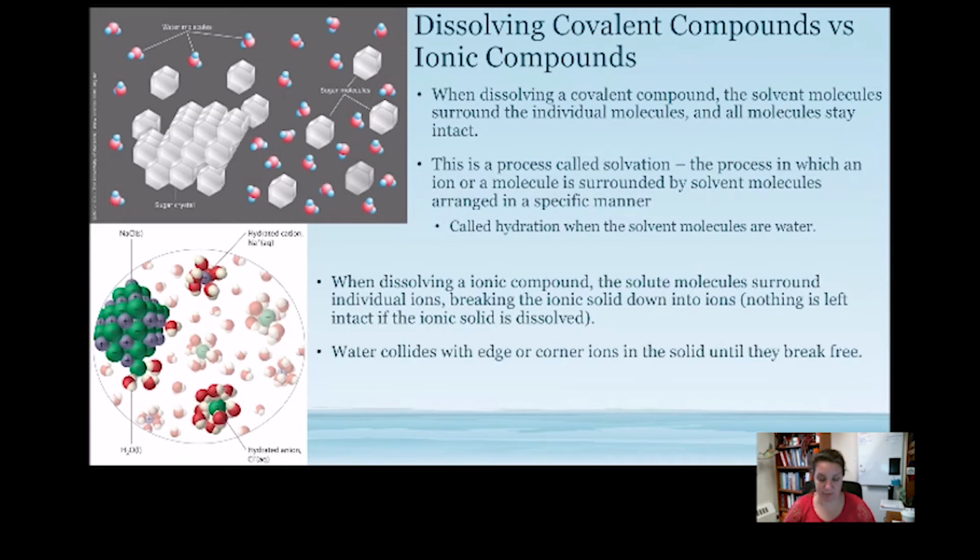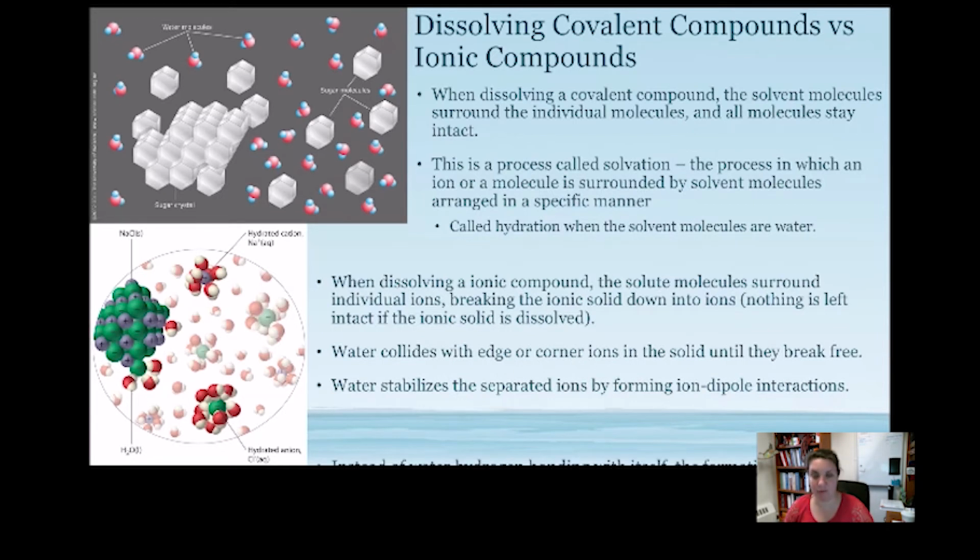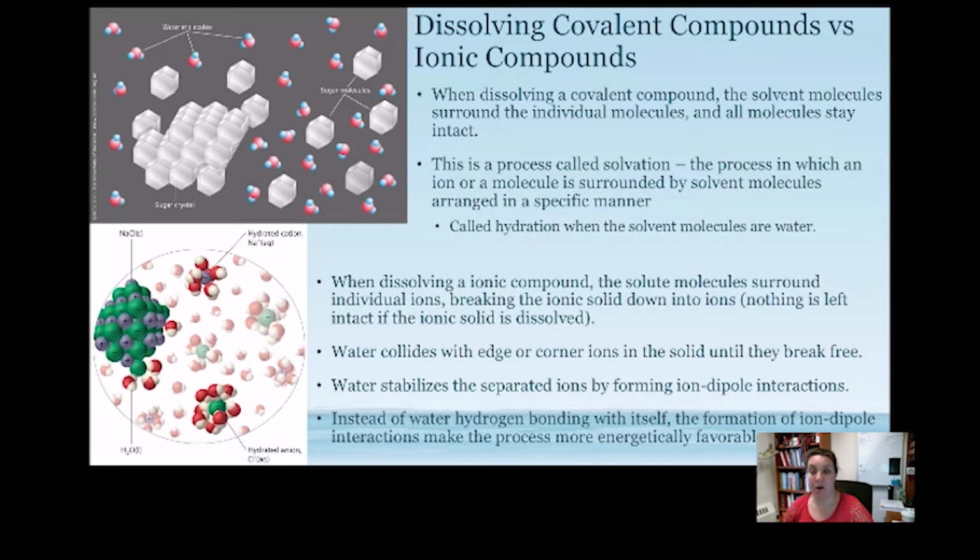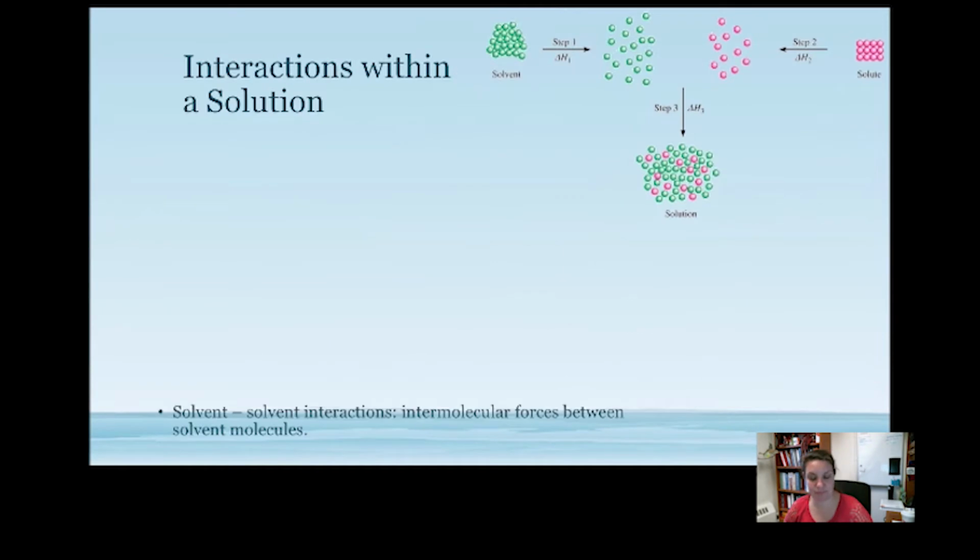So the water itself collides with the edge or corner of the solid until we break free individual ions, and then those ions are stabilized by water, forming ion-dipole interactions. So instead of having our water bonding with itself, the hydrogen bonding, we have the formation of ion-dipole interactions, which is a very energetically favorable process in most cases.